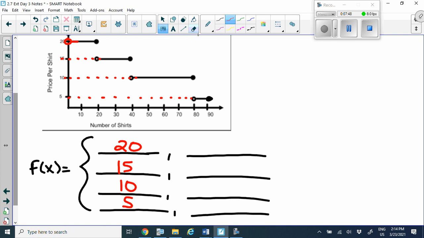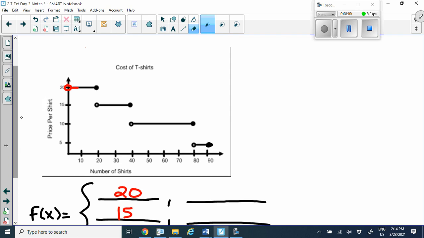Okay, so now we have that. Our next step is we have to figure out, well, what are the restrictions? Now notice that all of these are segments. Anytime we have segments, there are going to be 2 parts to the restriction. So you might want to write this in your notes here. One part to the restriction, we will have a ray.